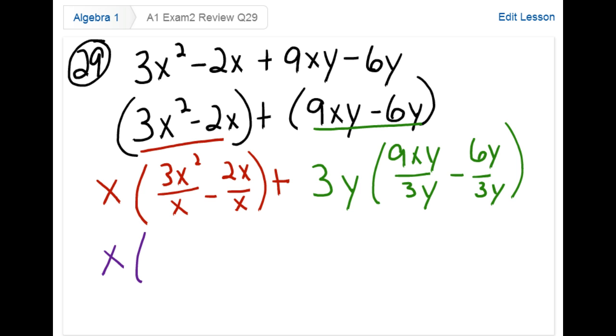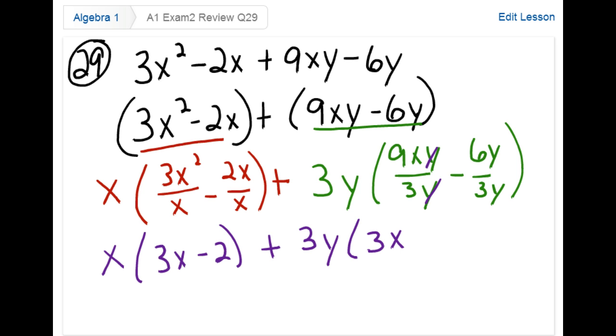Now 3x squared divided by x is 3x. 2x divided by x is 2, so 3x minus 2, plus 3y. 9 divided by 3 is 3. The y's cancel, so I'm left with 3x. 6 divided by 3 is 2, and the y's cancel.